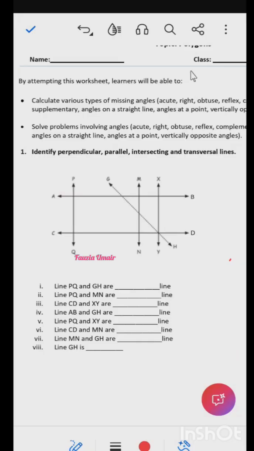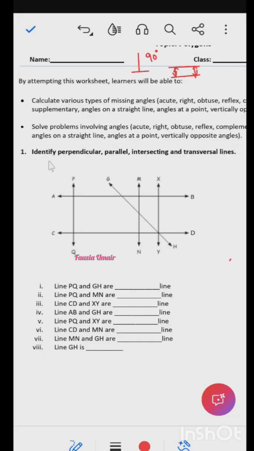That's right. Two lines are parallel when the distance between them is always the same. And perpendicular lines are two lines that make 90 degrees on each other. So this distance and this distance should be same.